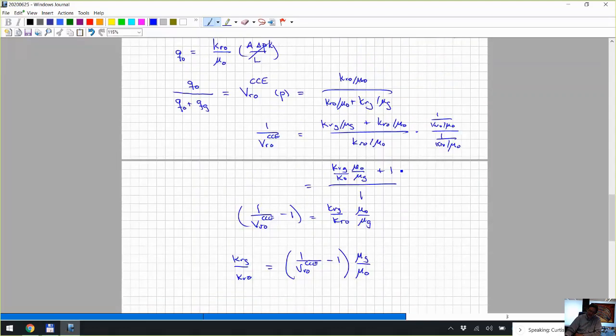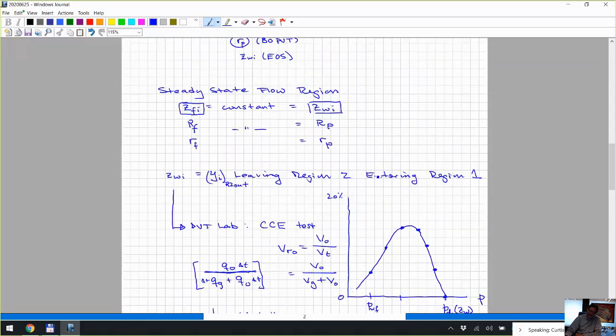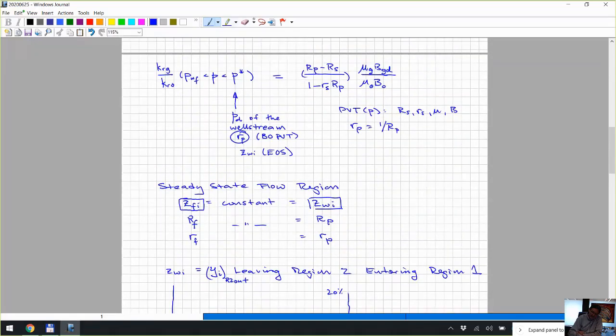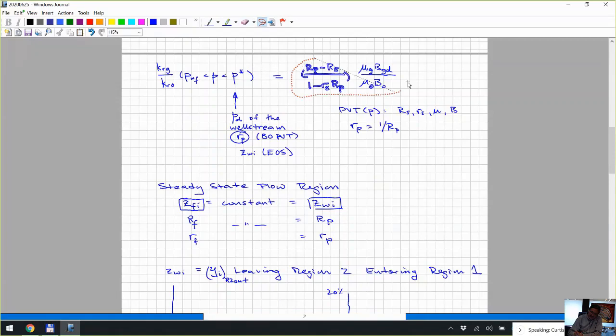And we can compare that with the black oil version. We'll take a copy of that down here. Black oil version. That's representing the same thing.